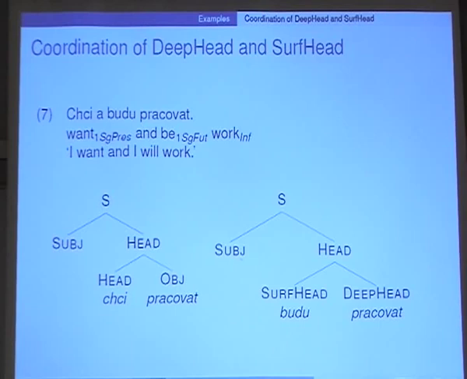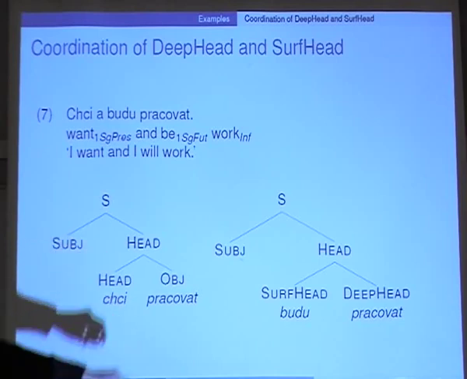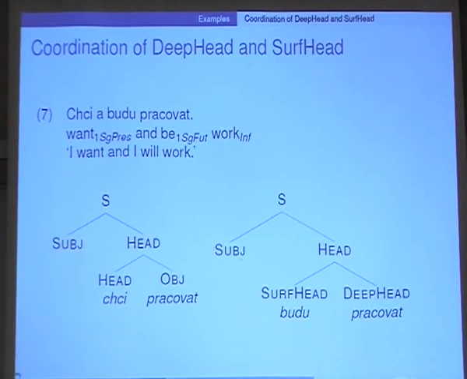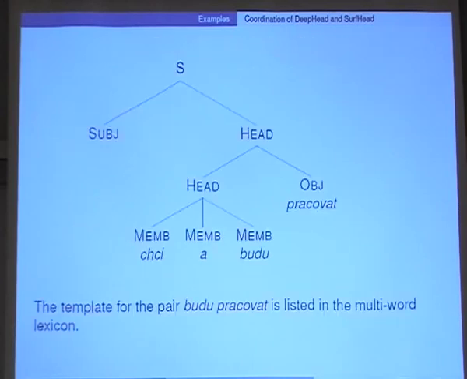Here pracovat in the first simple sentence is object, and in the second, it is a deep head. In the coordination, we have only one possibility, so we opt for object. And the template, for instance for periphrastic structures, periphrastic future in Czech, will be included in the multi-word lexicon. So we can use this information, this template, for further queries.